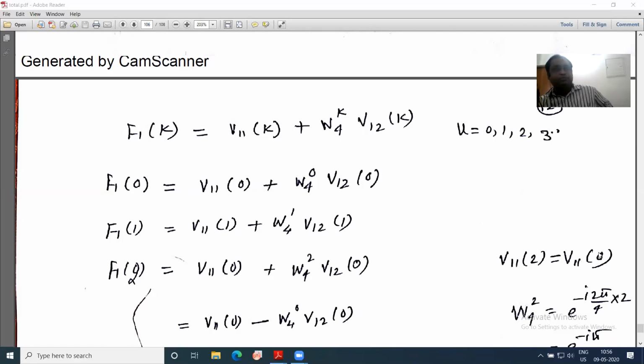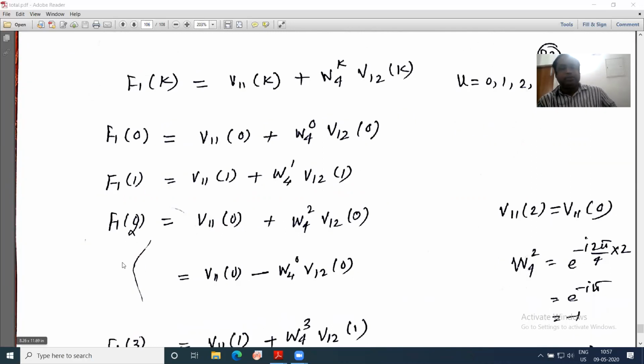The reason is that v1on of k, v12 of k, v21 of k and v22 of k are all 2-point DFTs, and we have derived that a 2-point DFT is periodic with period 2. A 4-point DFT is periodic with period 4, and an 8-point DFT is periodic with period 8. An n-point DFT is periodic with period n, the number of points in the DFT. This is an important thing that we understood earlier.